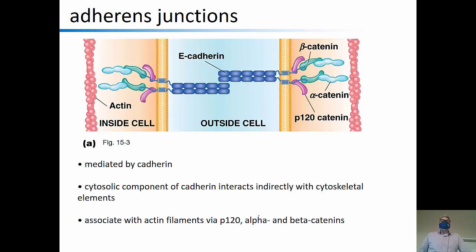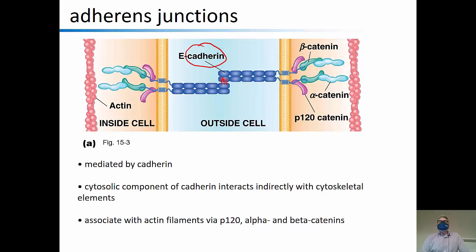So the first one we're going to look at are called adherens junctions. And so adherens junctions are mediated by proteins called cadherins. And these were initially identified using antibody studies, and the antibodies that would bind to the cadherins would interrupt the interaction between the cadherins, and it would cause the cells to lose their interaction with each other, so break apart.